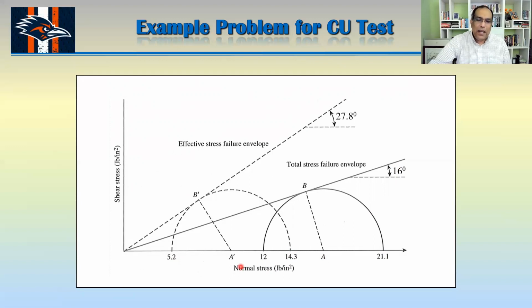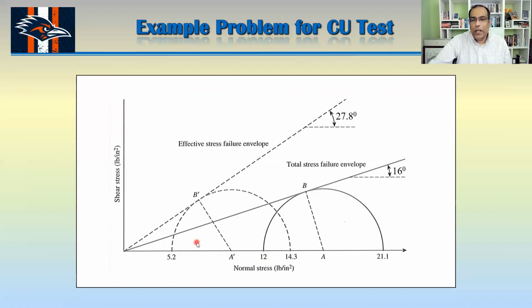Okay. Similarly, the distance from here to here, that's actually 6.8. Okay. So 6.8 plus 5.2, that's basically 12. Okay. So you basically draw that one first.